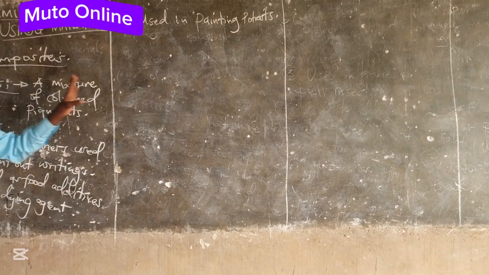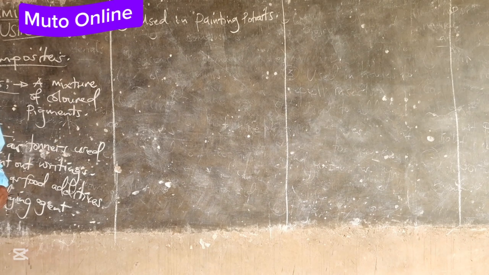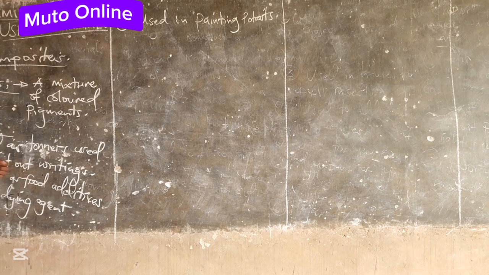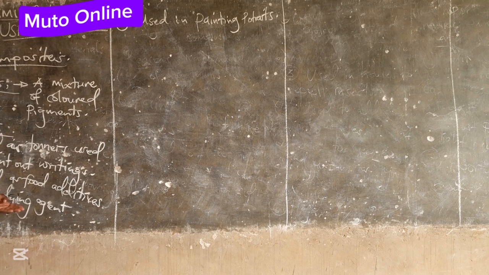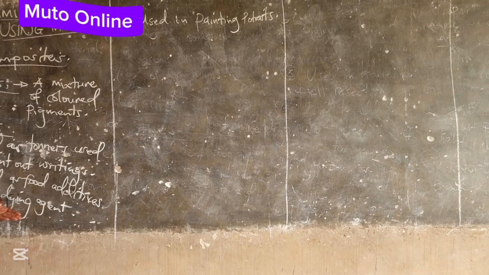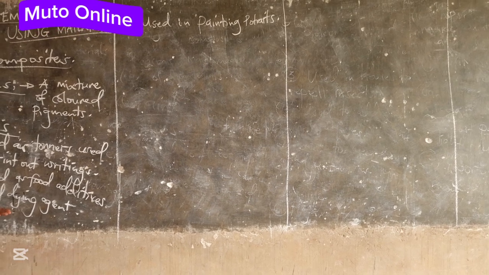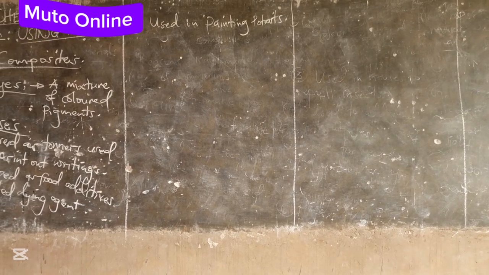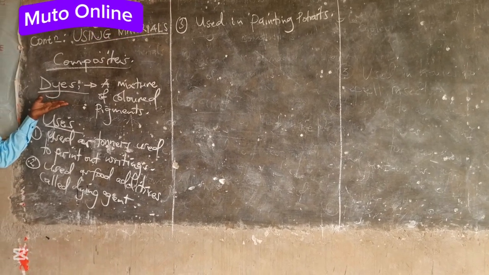The dyes have a very wide range of use, to mention but a few. When we move on, we shall look at the food additives under the topic called consumable chemicals, and we shall have the details of dyeing agents. But for the teachers on the platform, I shall introduce my learners to that part of food additives in using materials through teaching these composites called dyes.